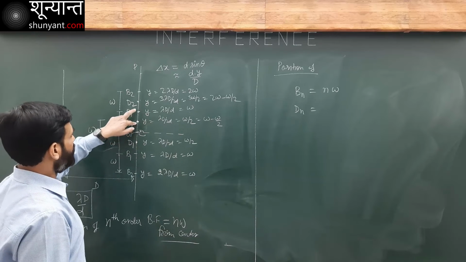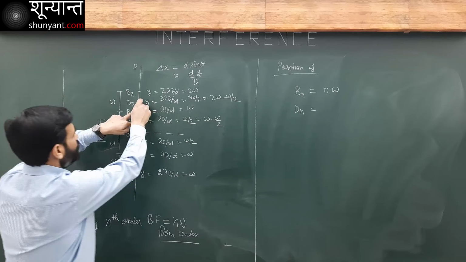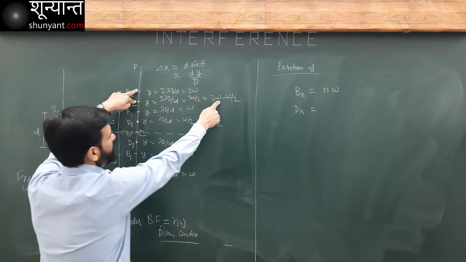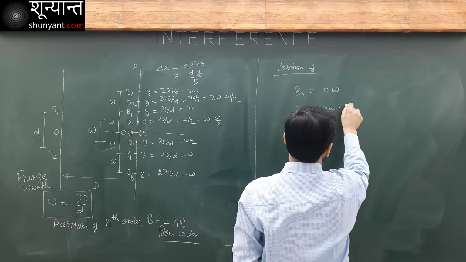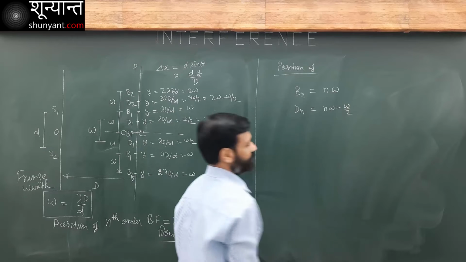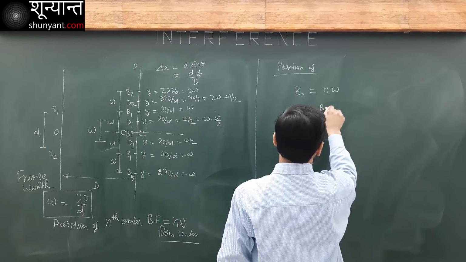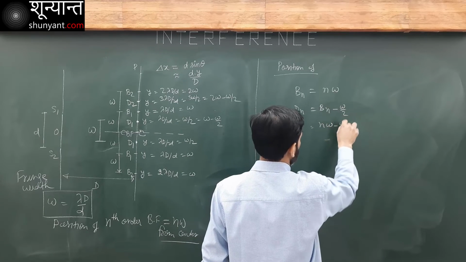The first dark fringe is the position of the first bright fringe minus omega by 2. The position of the second dark fringe is the second bright fringe minus omega by 2. So I can generalize and write it like this: the position of the nth bright fringe minus omega over 2, n omega minus omega over 2.